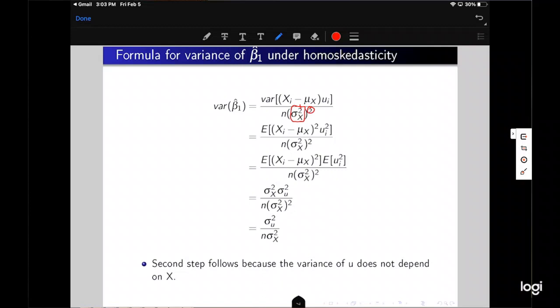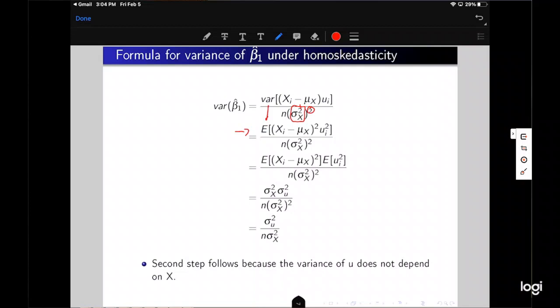So we can put the definition of the variance in here, the expected value of x minus its mean, squared. We're just swapping in the definition of variance here, and we have u_i squared. And then we can distribute the expectation because we're assuming homoskedasticity, which means the variance of u does not depend on x.